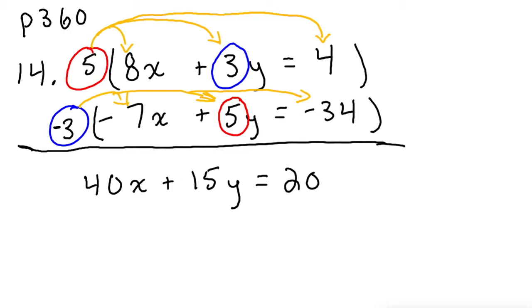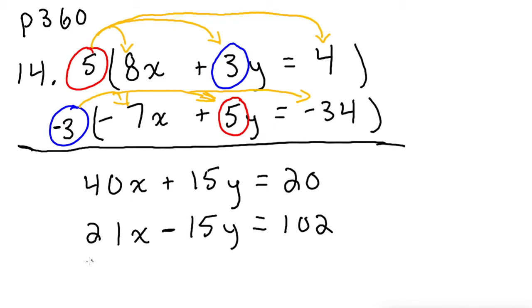So we'll have a negative 3 times a negative 7, and we'll get a positive 21x. And then we'll have this negative 3 times this positive 5, and we're going to get a negative, because a negative times a positive is going to be a negative, and that'll be 15y. Then we'll have an equal sign, and a negative 3 times a negative 34 will be a positive number, and that will be 102.